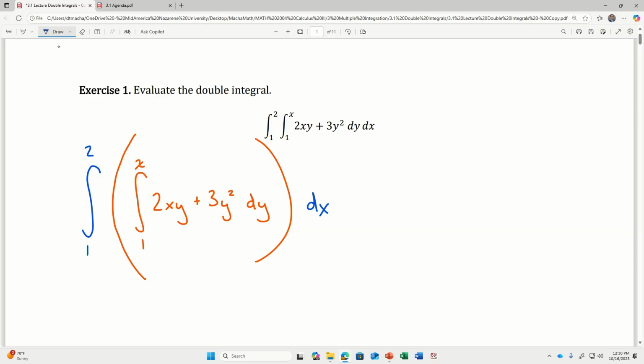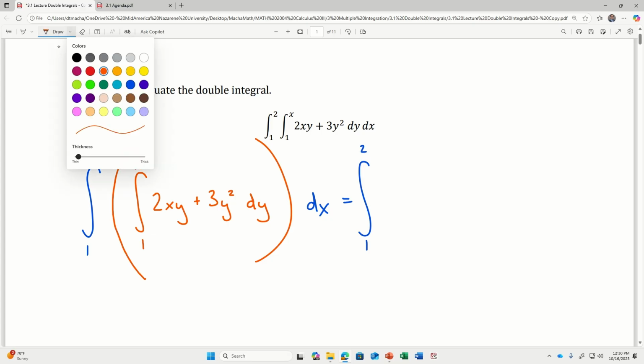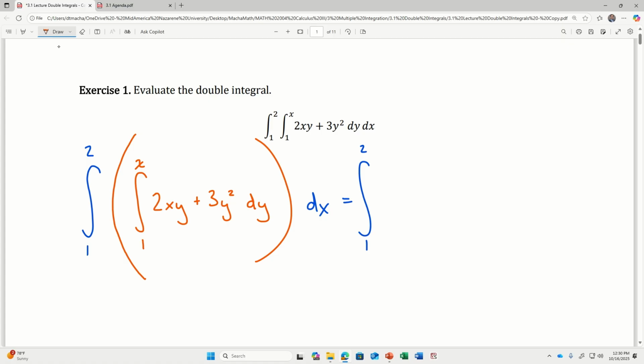When I do the orange part, I am just taking the antiderivative with respect to y and not with respect to x. So we pretend that x is a constant, just like we did when we were doing partial derivatives. Whenever we would take the partial derivative with respect to y, we would pretend that x was a constant.